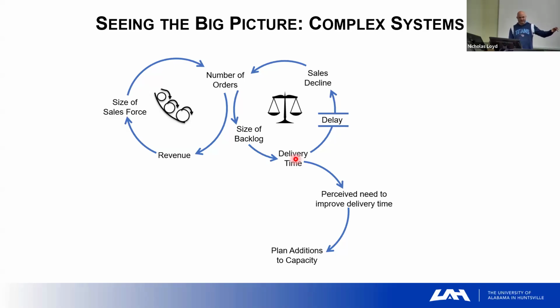It was, we need to get more capacity, build new facilities, get more boilers, whatever they needed, twice the ingredients. That's going to take a while, but eventually, if we plan to add capacity, we'll increase production capacity. And then theoretically, if we do that, we can deliver on time, which stops the sales from declining, which allows our orders to go back up, keep revenue going.